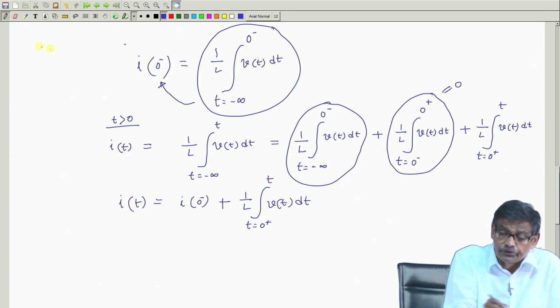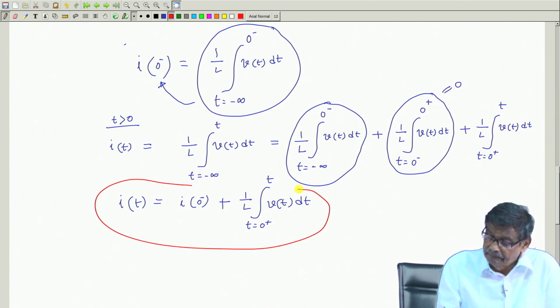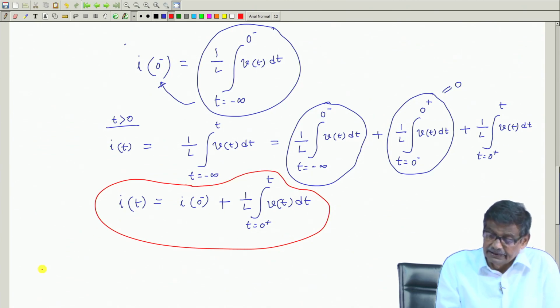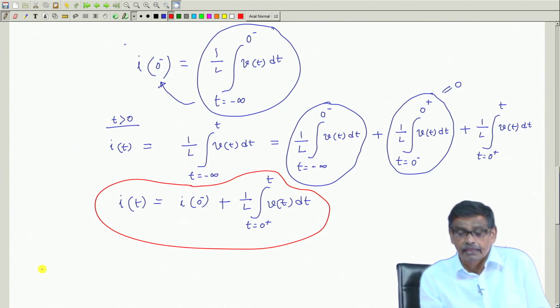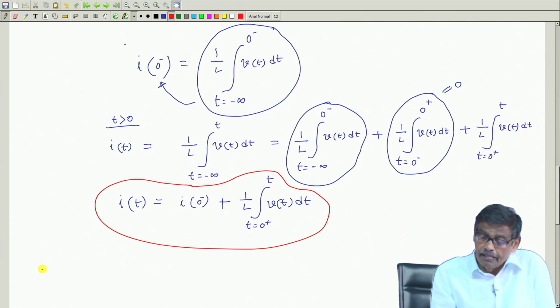So this is the story of how the inductor current at any time t can be found out if you have done some switching at t equal to 0.